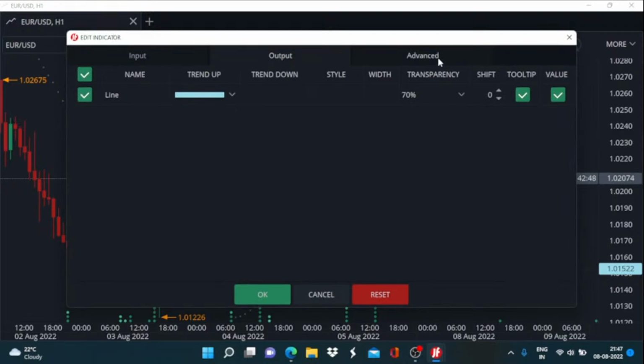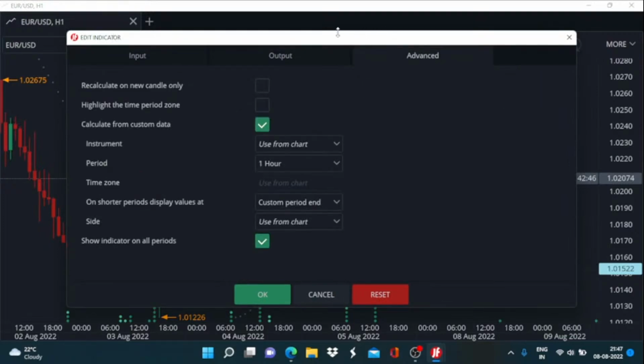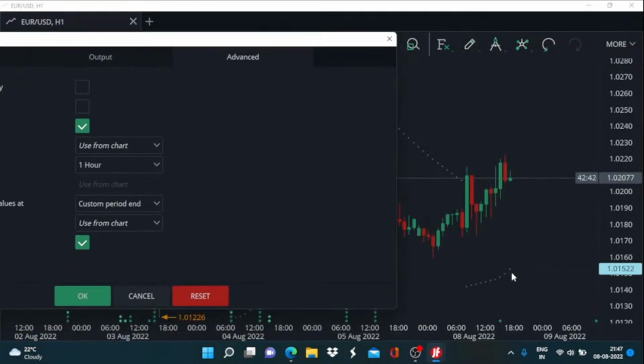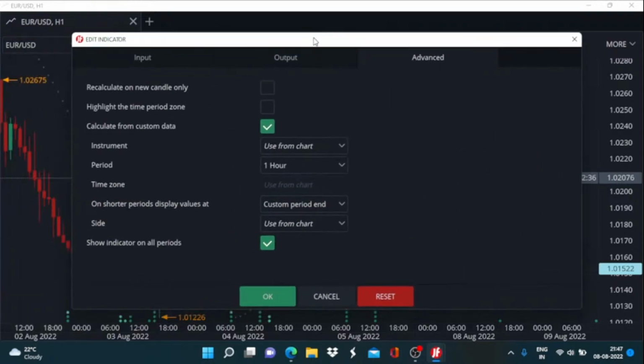Okay, now coming to the advanced option, if you want this parabolic line to remain constant for the whole of this given time frame of the candle, then you have to opt for the recalculation to be done only on new candle. So whenever new candle formation takes place, it will remain the same till that candle closes.